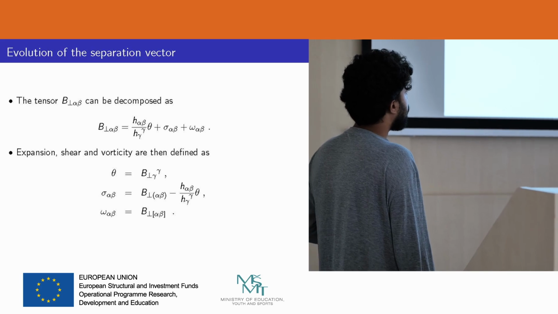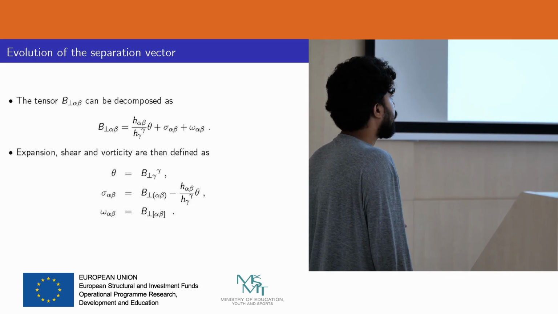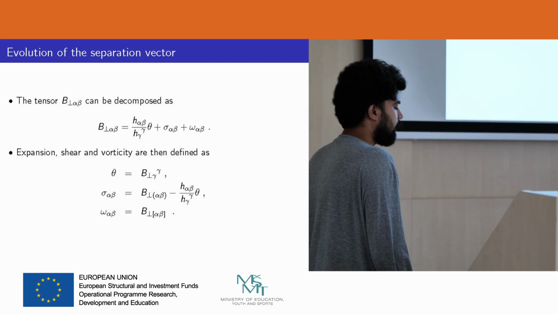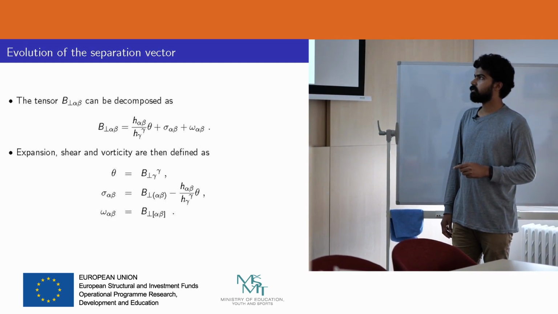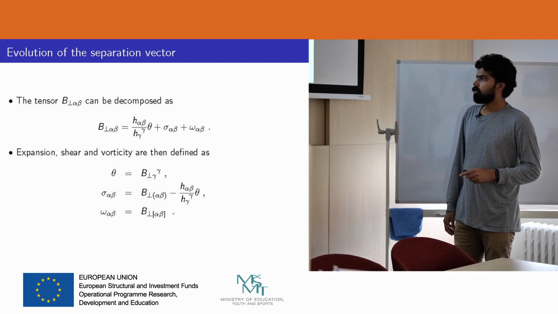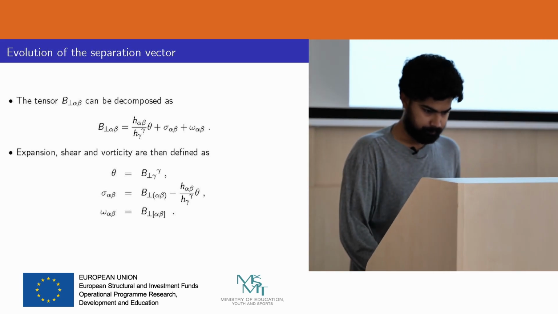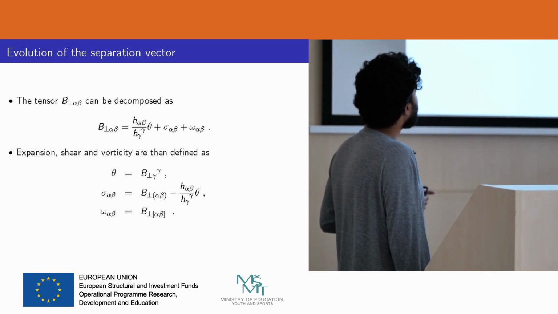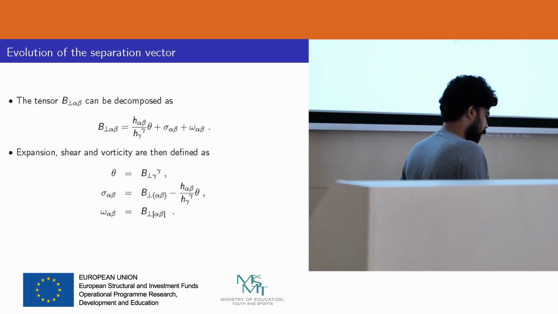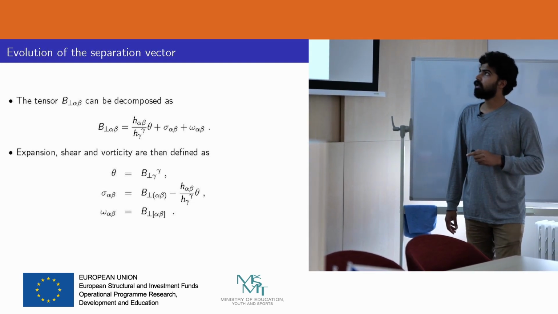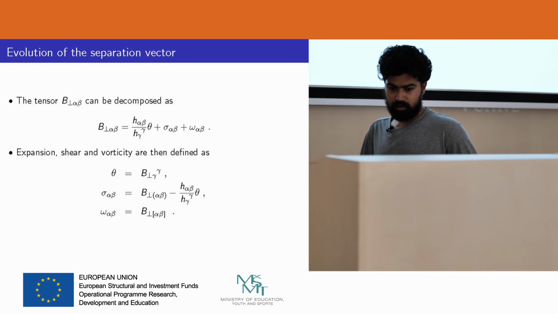So this theta is the trace of this metric, as you can see here, and this sigma shear tensor is basically the traced-out part from the symmetric part of this tensor, and this vorticity tensor is the completely antisymmetric part of the perpendicular component of B. So this is the most general decomposition of the tensor B. So we have here expansion, shear and vorticity, as we have seen a minute ago in that picture.